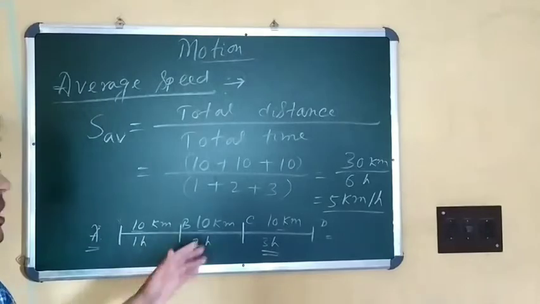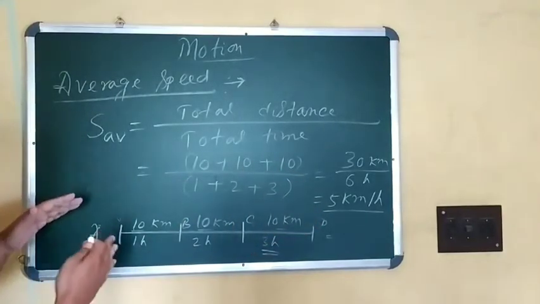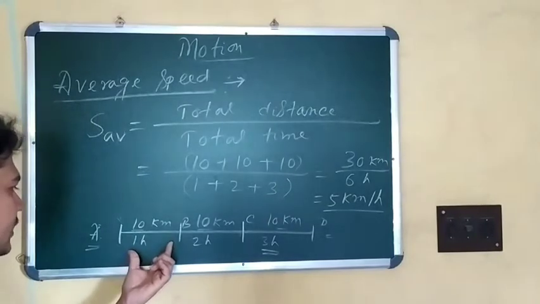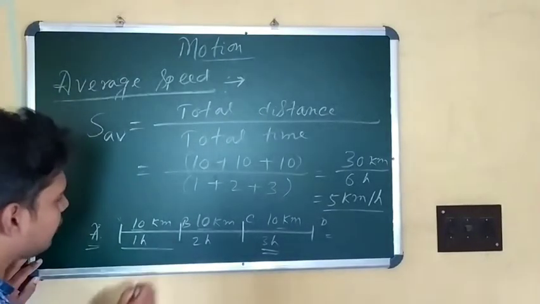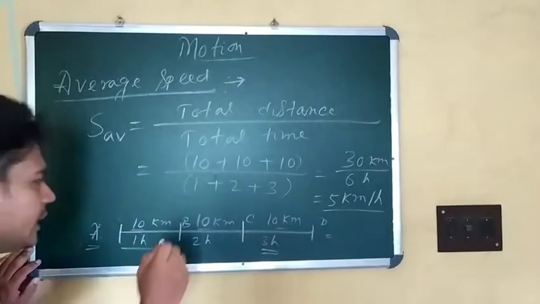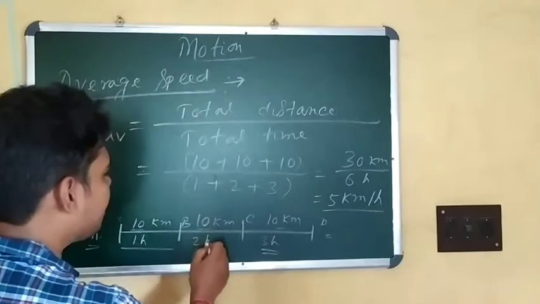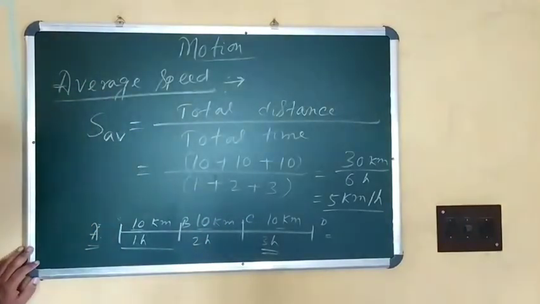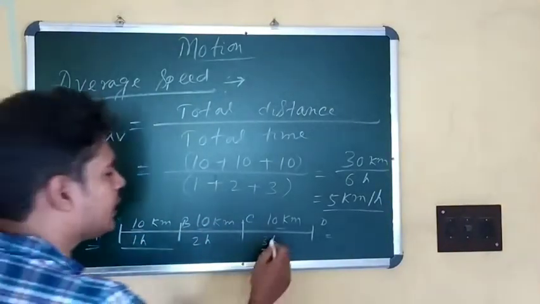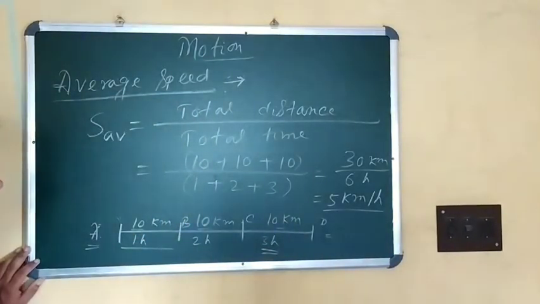That is the average speed in this journey. Okay, in this journey that is the average speed, but it is different from the speed. Here you can say that the speed of this car or of the object is 10 kilometer per hour. Here the speed between B and C is 10 by 2, that means 5 kilometer per hour, and here it is 10 by 3 kilometer per hour.